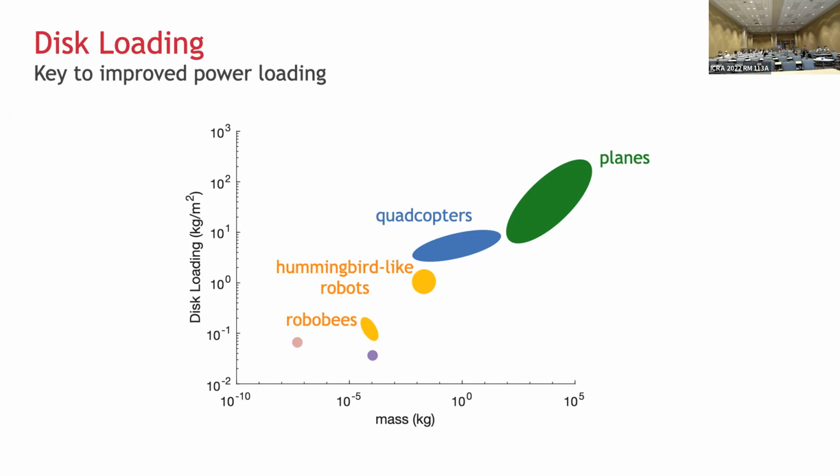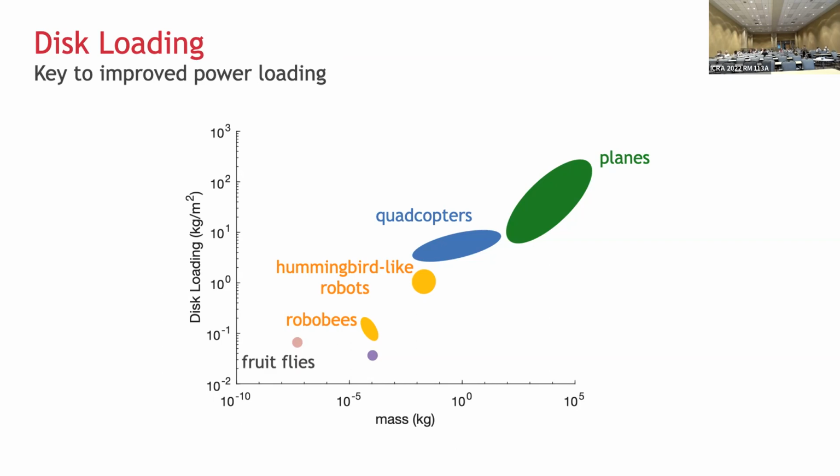If you look at hummingbird-scale flapping wing robots at the same scale as a quadcopter, the hummingbird robot has lower disk loading, meaning they are expected to be more efficient if we're talking about the same mass.